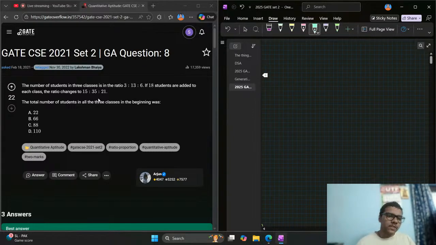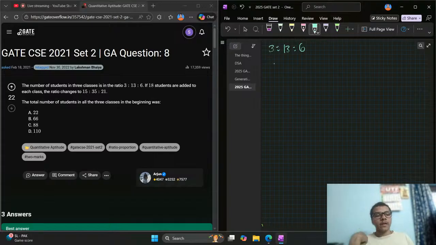So the number of students in 3 classes are in ratio of 3 is to 13 is to 6. Since it is only a ratio, there could be a multiple. 3x plus 18 is equal to 15y. Some multiple over there.